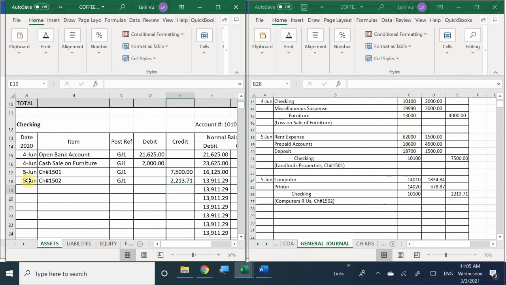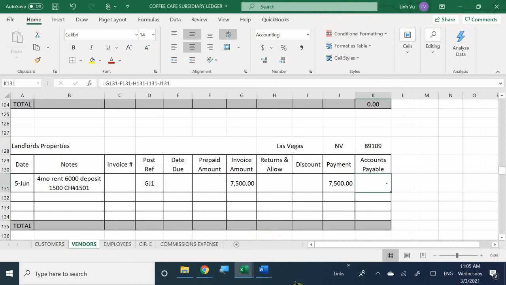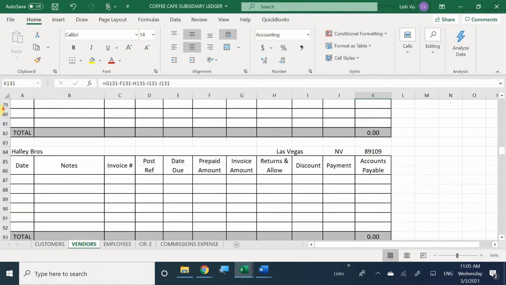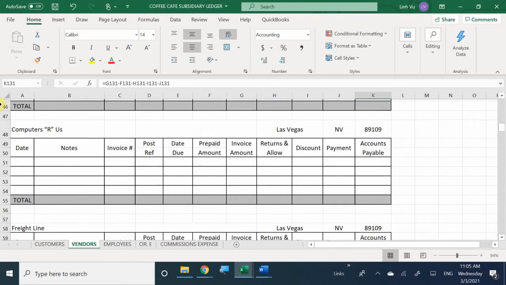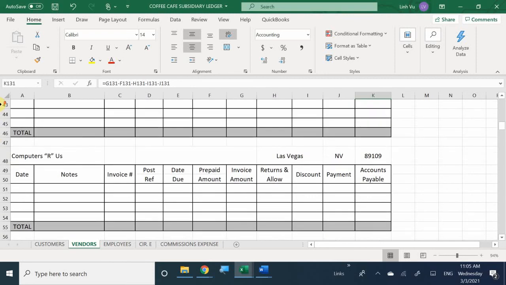So now we completed our ledger. Who did we deal with? We dealt with Computers Are Us. And Computers Are Us is what kind of person? They are a vendor. So I'm going to click on vendors and scroll up until I find Computers Are Us. Here's City Printers, Computers Are Us. The date is June 6th.